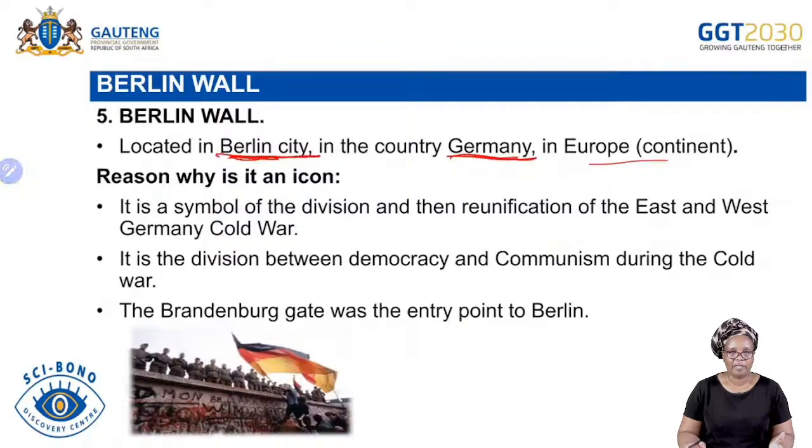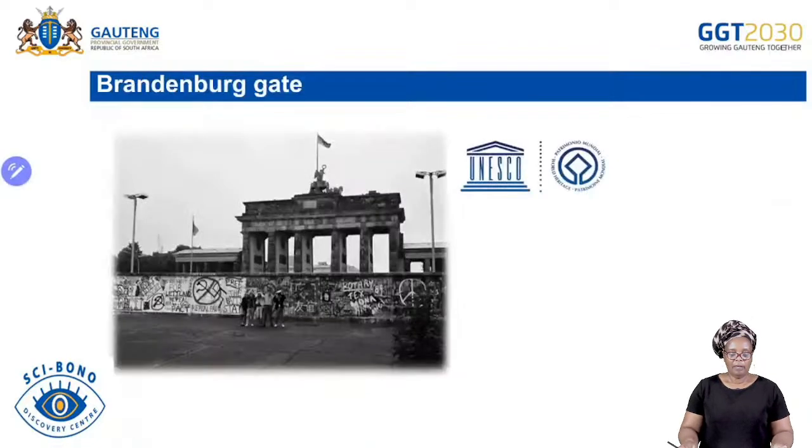The entry point to Germany, Berlin City, is the Brandenburg Gate. This is our picture, the Berlin Wall. This is the Brandenburg Gate.